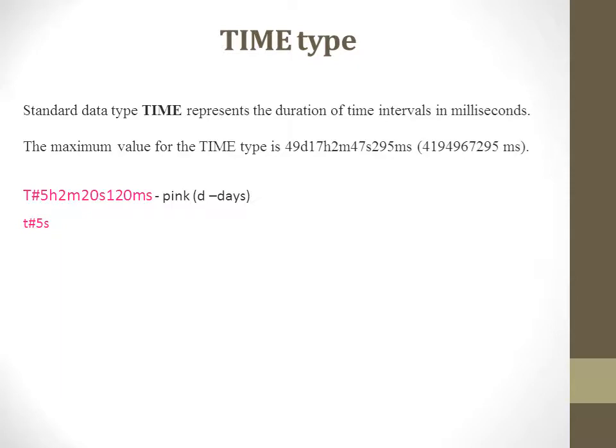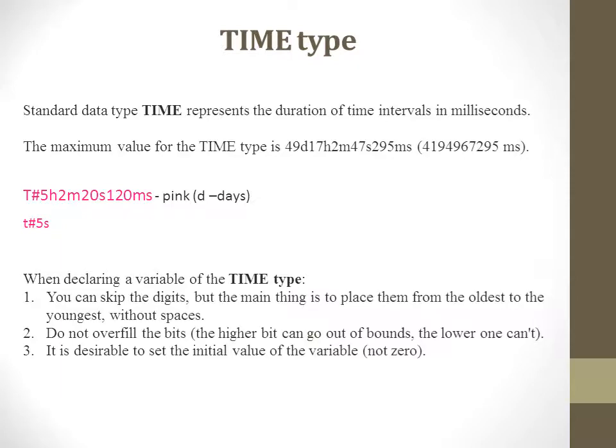So, some features of this type: when declaring a variable of the time type, you can skip the digits, but the main thing is to place them from the oldest to the youngest without spaces. Do not overfill the bits.